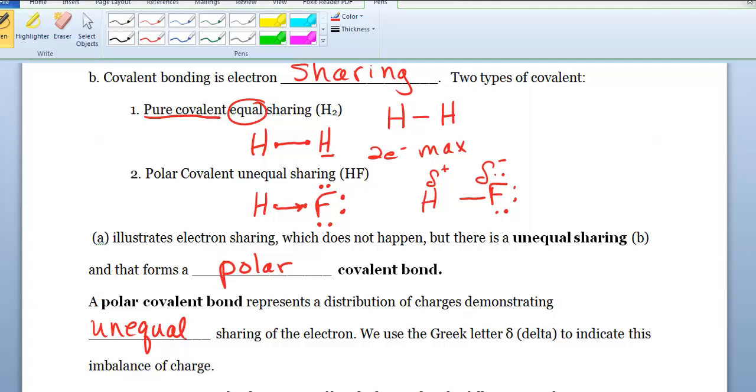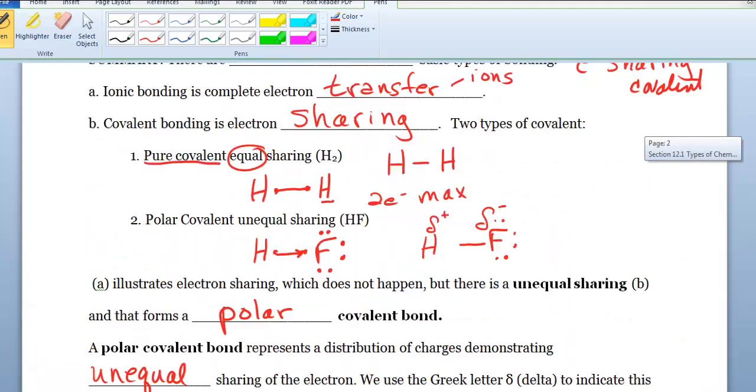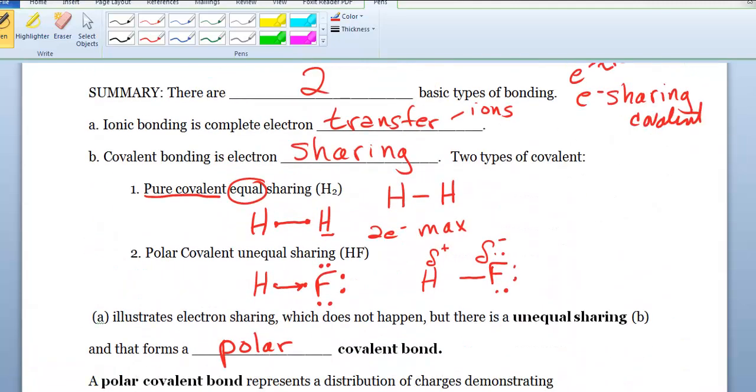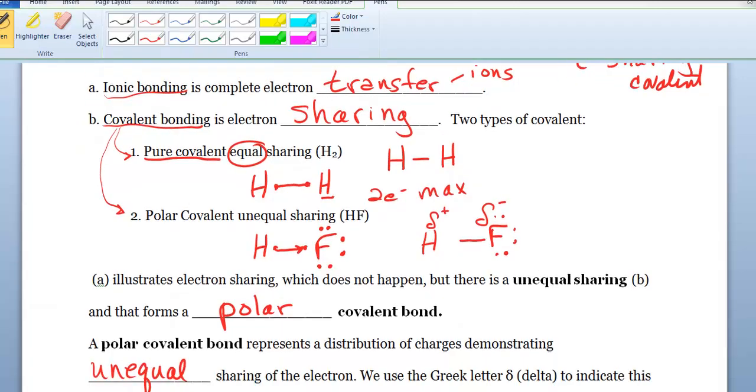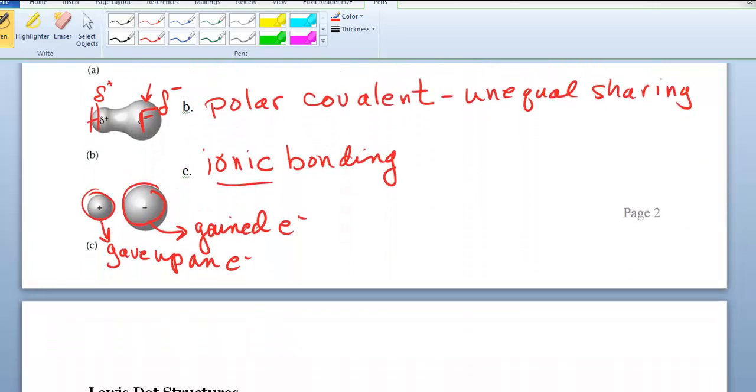So before we move on, let's just take another look at that. The bonding types that we have are either ionic bonding or covalent bonding. And under covalent bonding, we have pure covalent, and we have what is known as polar covalent. And that's where we're going to launch from.